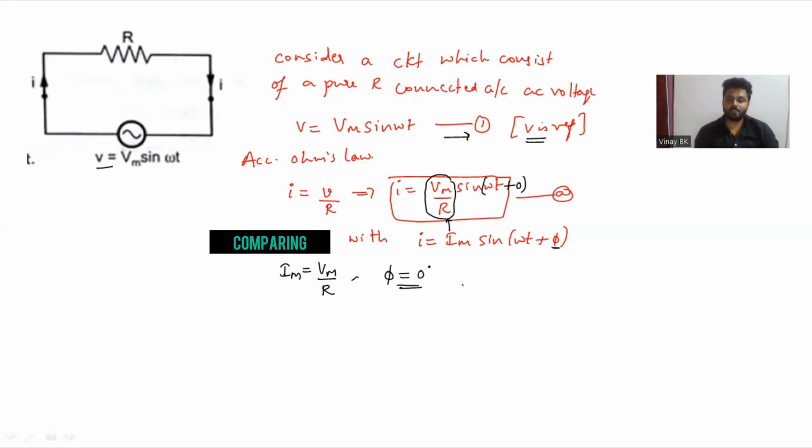So we can conclude that the voltage and current have a phase angle of 0 degree.